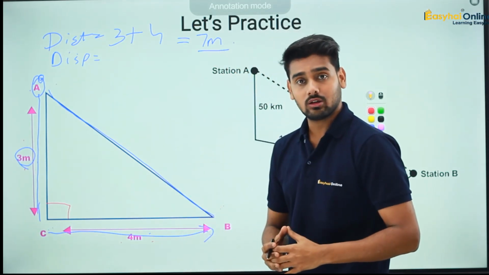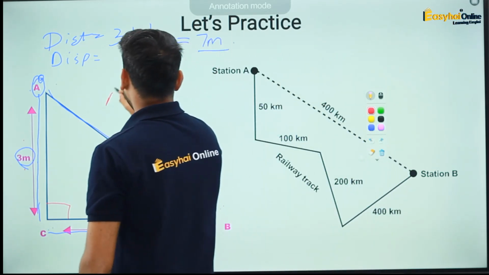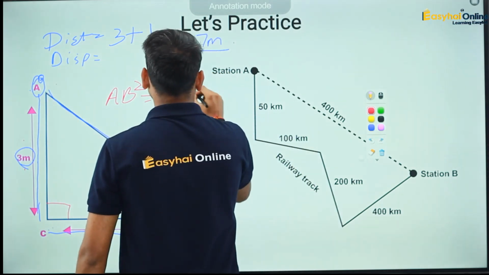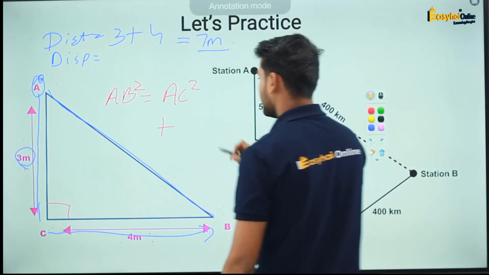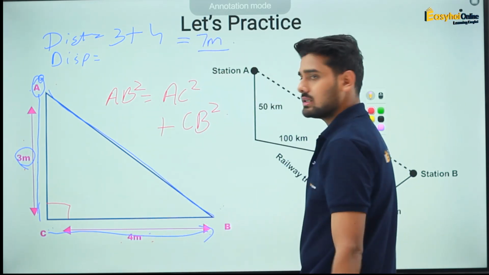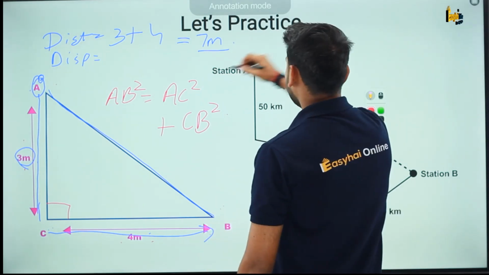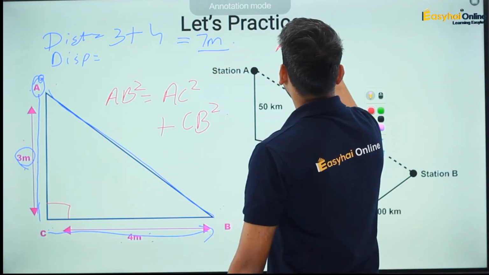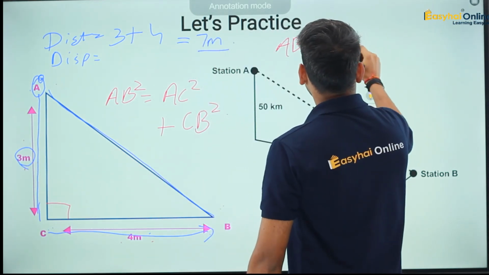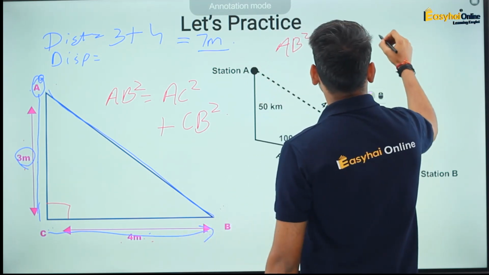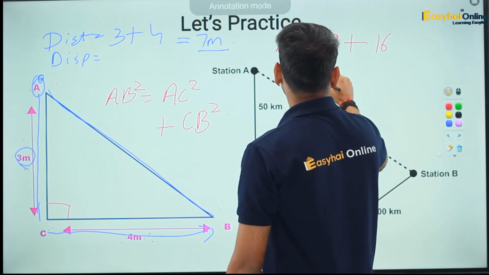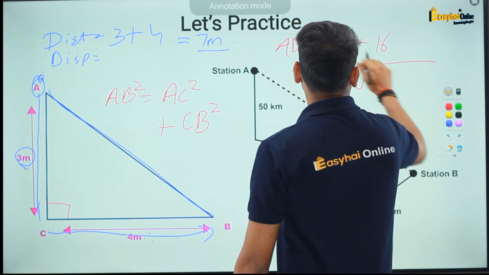What do we know about Pythagoras theorem? AB squared is equal to AC squared plus CB squared. If I do this, I can simply get the final answer. AB squared is going to be equal to AC squared, which is 3 squared, 9, plus 4 squared, 16. So AB is going to be equal to the square root of 9 plus 16.